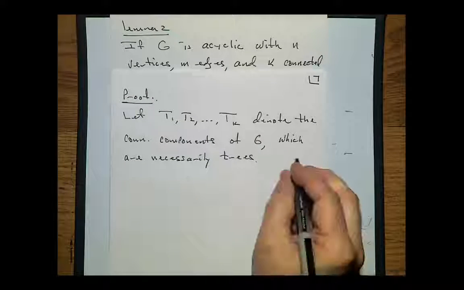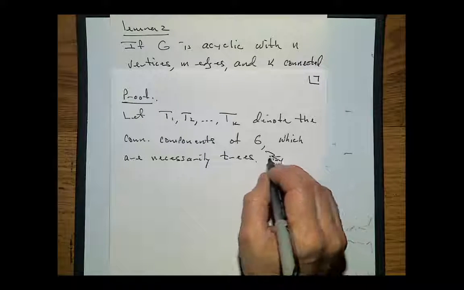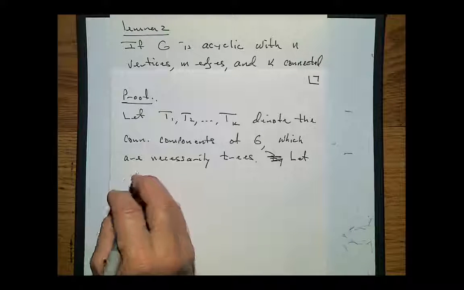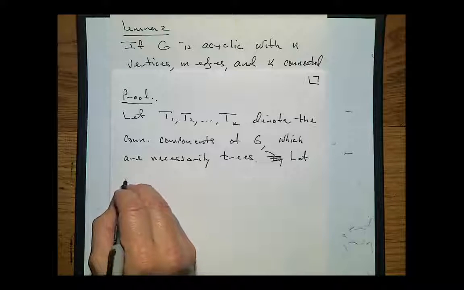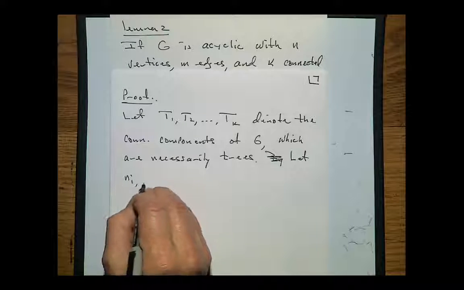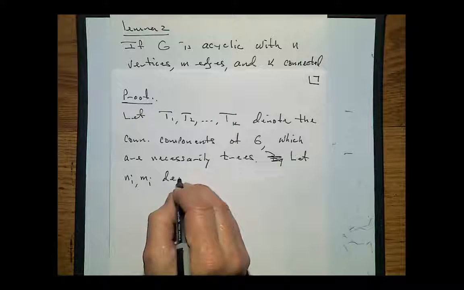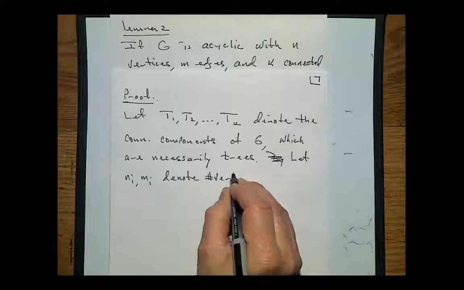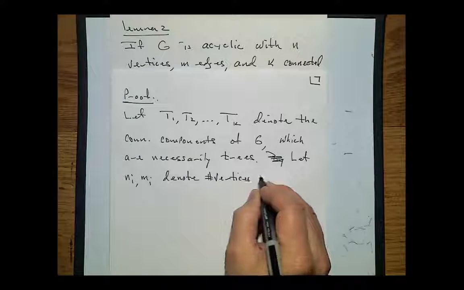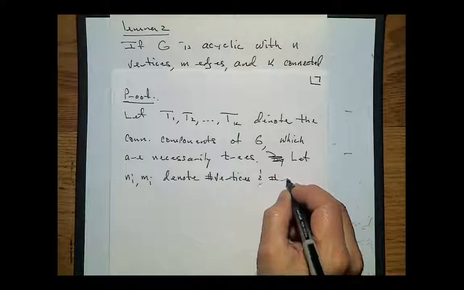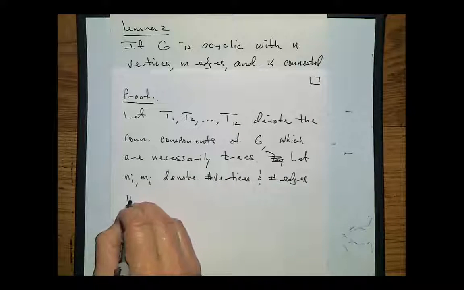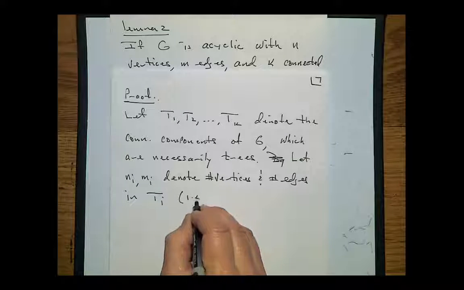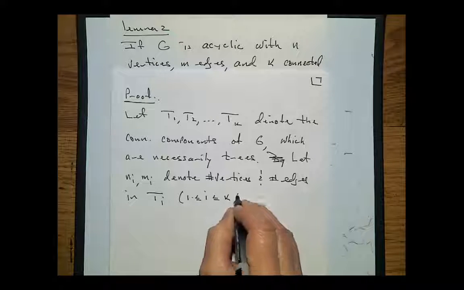Okay, so by the last result, other notation, let Ni, Mi denote number of vertices and number of edges in Ti, I going from 1 up to k, of course.